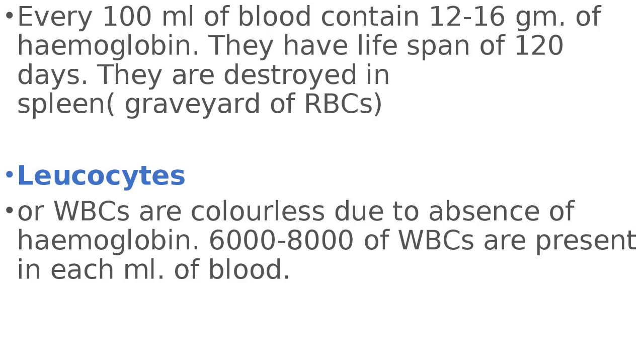Leukocytes basically divided into two categories, granulocytes and agranulocytes. Granulocytes further divided into three divisions, that is neutrophils, basophils, and eosinophils. And agranulocytes are divided into two categories, that is monocytes and lymphocytes.